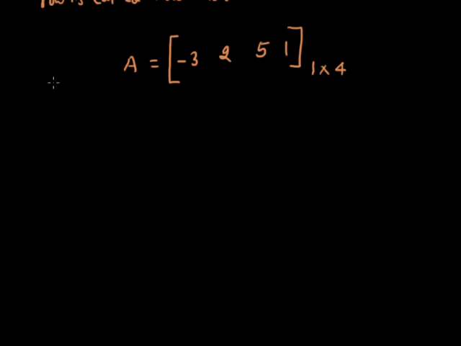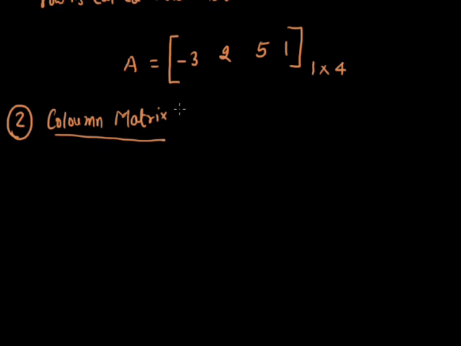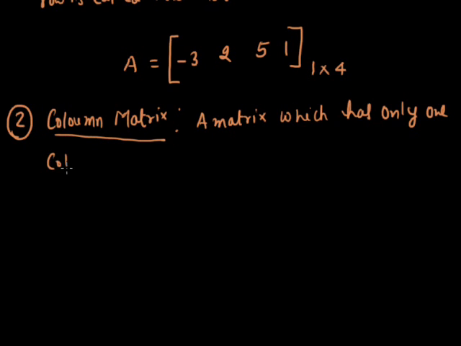Now second, column matrix. What will be the column matrix? Again the same definition: a matrix which has only one column is called column matrix.